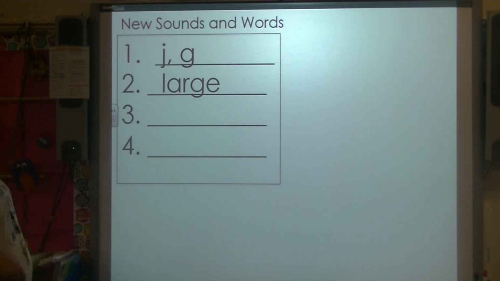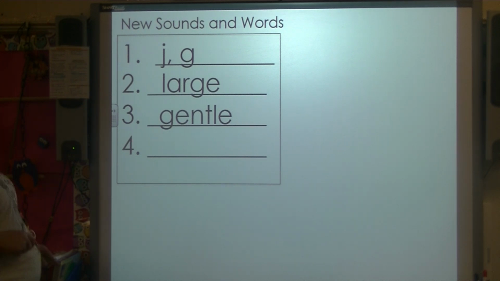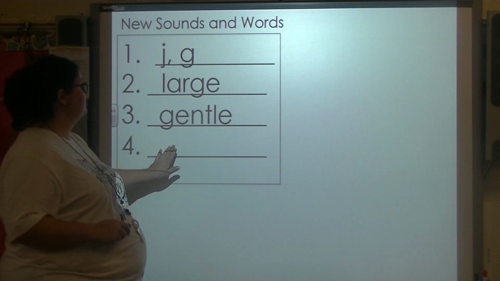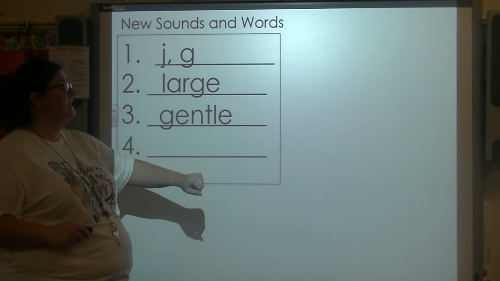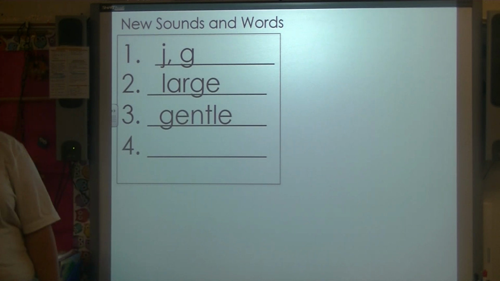All right, let's spell gentle. G-E-N-T-L-E, gentle. We have G-E makes the J sound, short E, and then final stable syllable T-L-E, gentle.